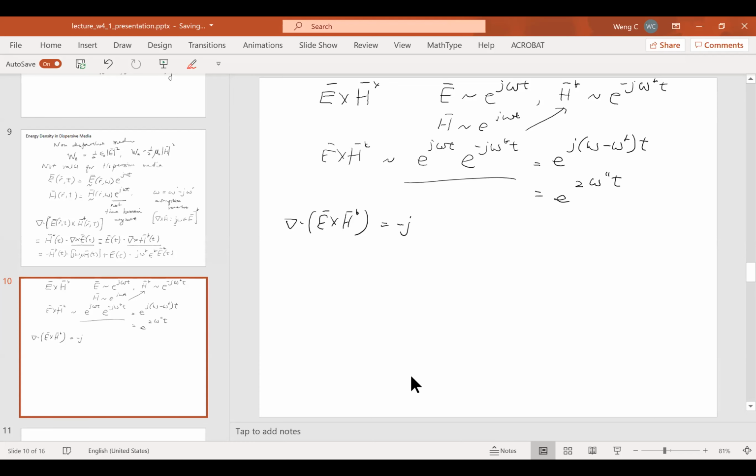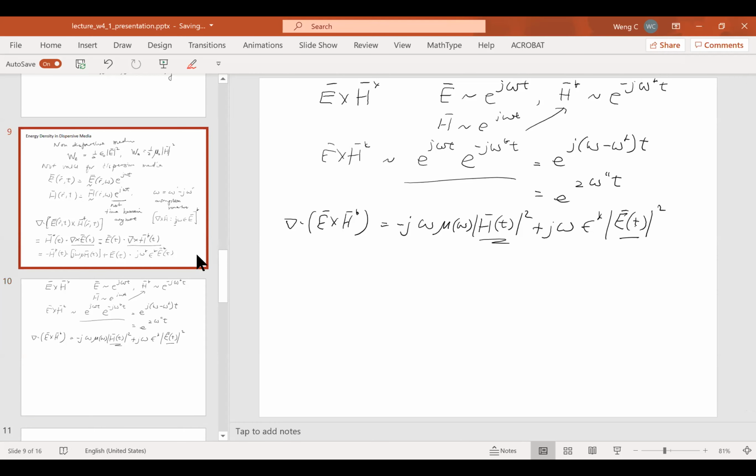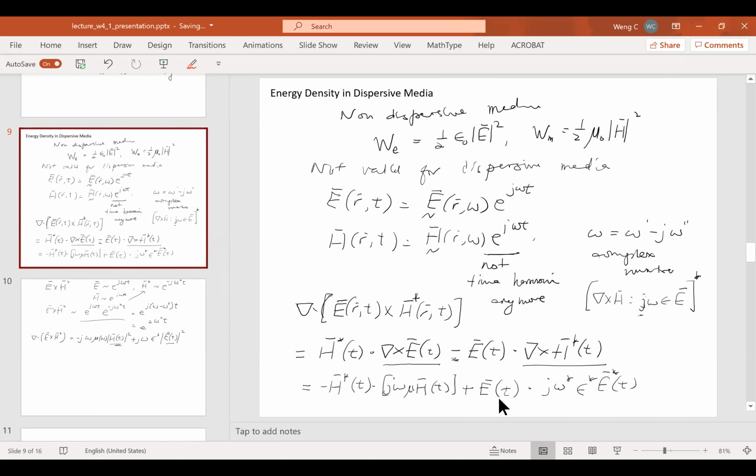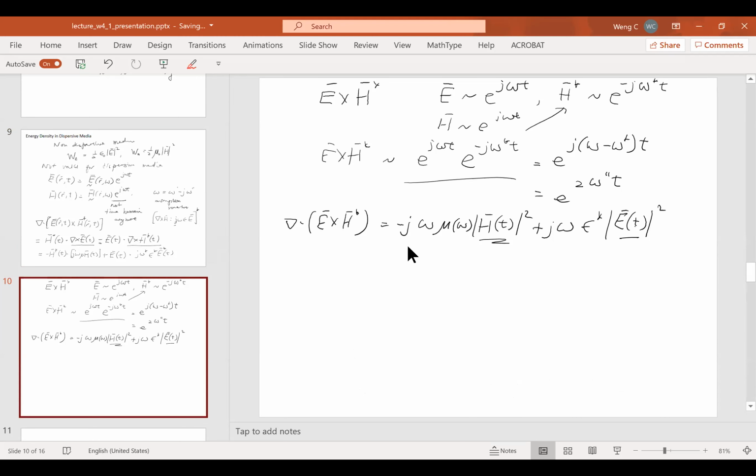Okay, j omega mu of omega H squared plus j omega epsilon star E of t. Okay, I want to emphasize the fact that these are not constants anymore. Okay, this is gotten by just using this equation. This times this becomes magnitude squared. This times this becomes magnitude squared. And if I rewrite it, I have these equations over here.